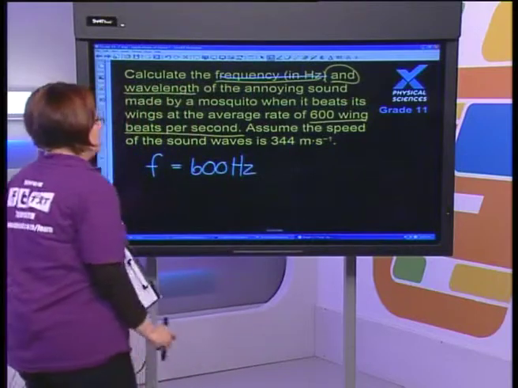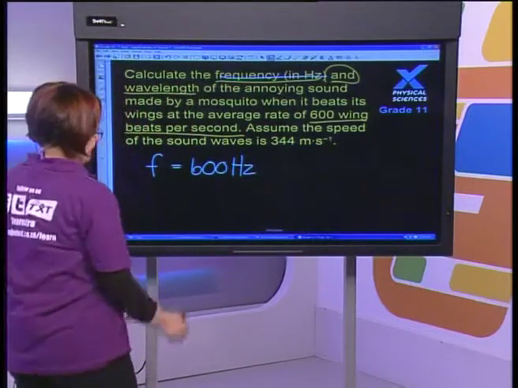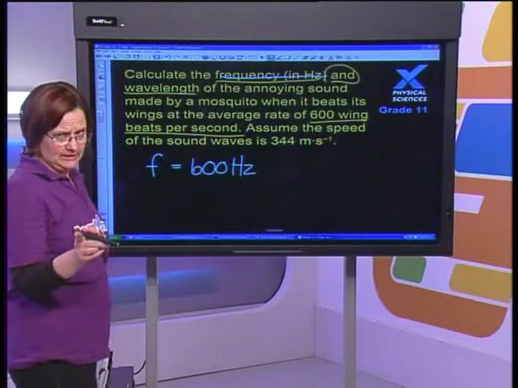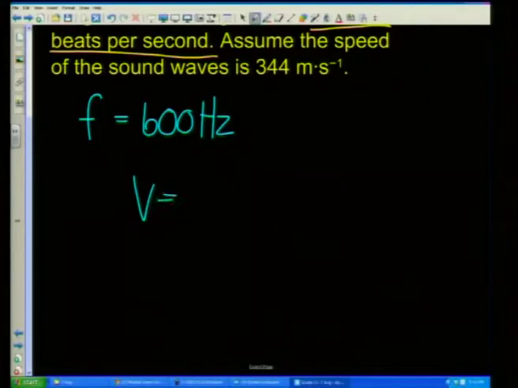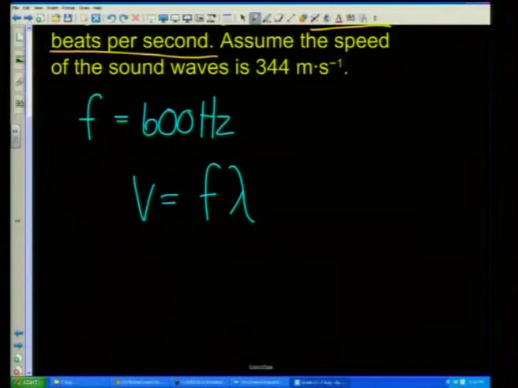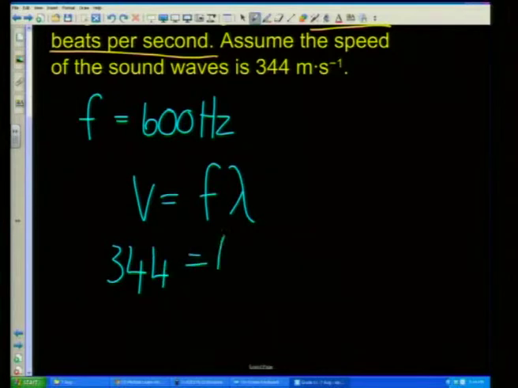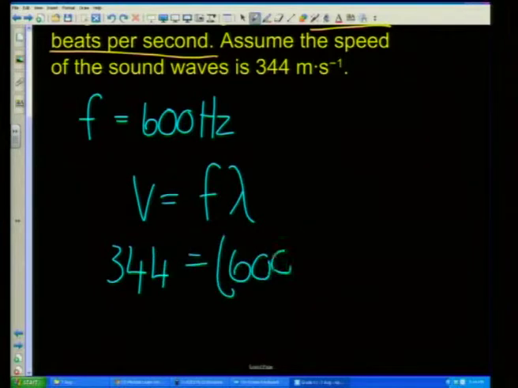Brilliant. Now we want the wavelength, and we go, well, now I need to do a calculation. Remember, you have this equation. It's the wave equation. v equals f times lambda, where v is 344. Frequency we've just worked out is 600.